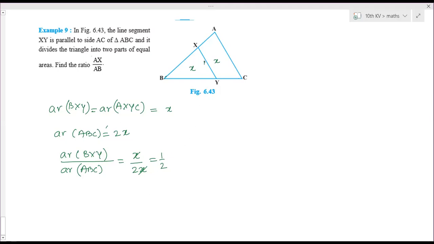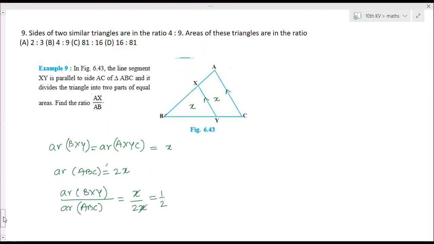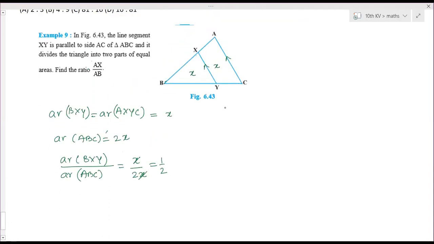Now it is given XY and AC are parallel. So can we prove BXY and BAC similar? Can we prove? Always remember, whenever a middle line is given parallel, they are always similar by AA similarity. Yes, this is the corresponding angle and this is a common angle.